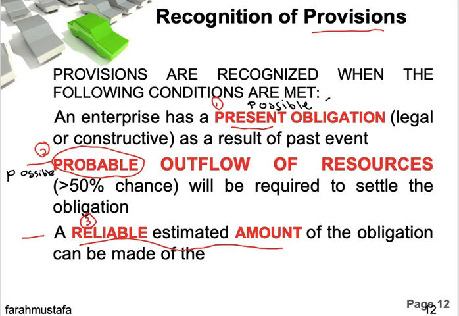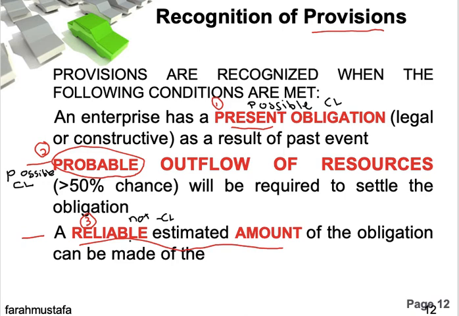So this one becomes a contingent liability, and this is also a contingent liability. Or if it fulfills present and probable but the amount cannot be reliably estimated, then this is also not recognized as a provision but will be disclosed as a contingent liability.